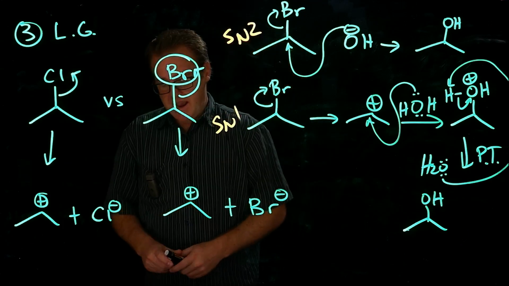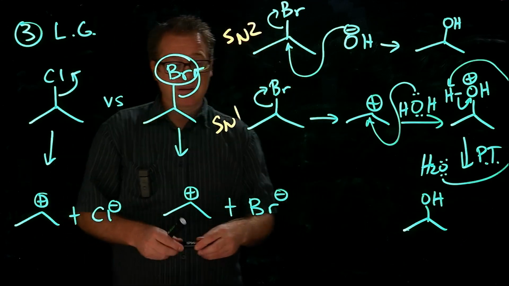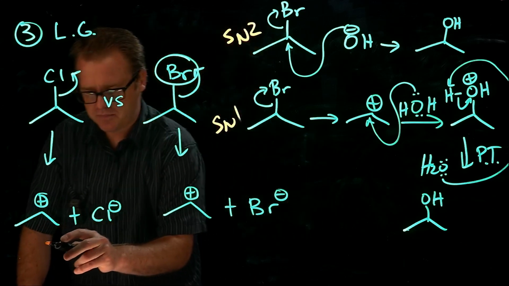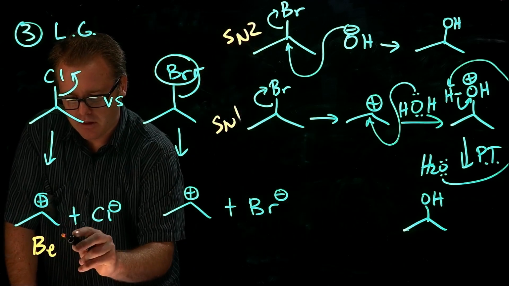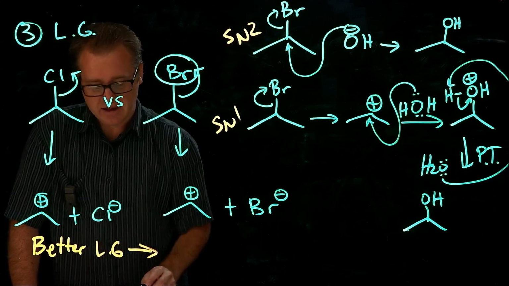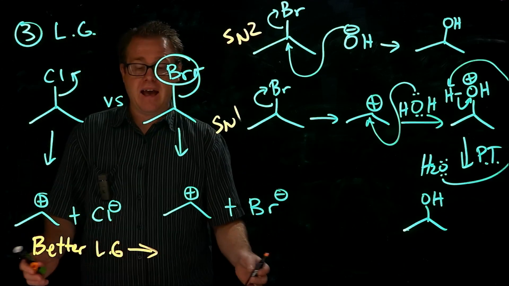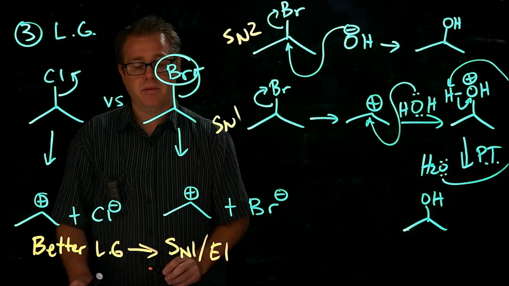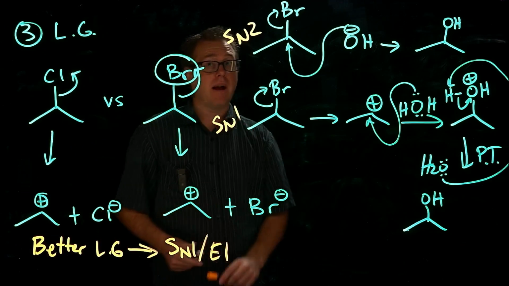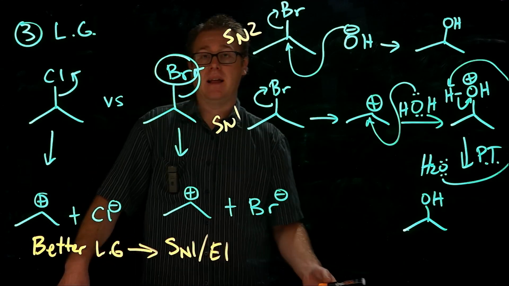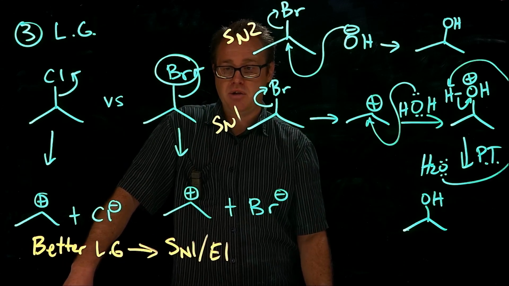And so what we can say here is that the better the leaving group, it's going to influence and affect SN1 and E1 mechanisms far greater than the leaving group ability will affect SN2 and E2 reactions.